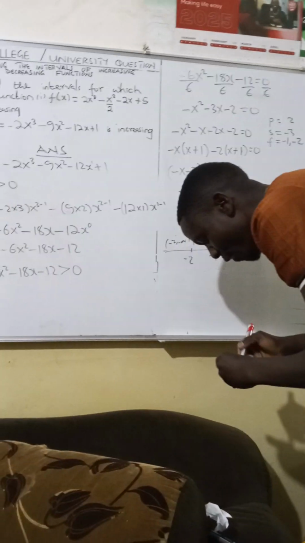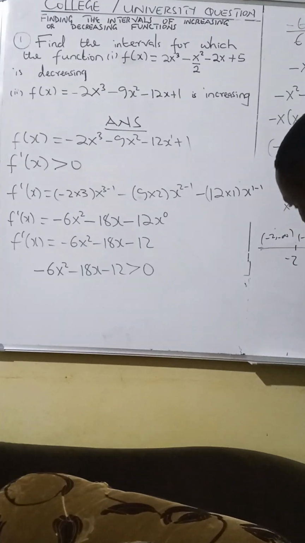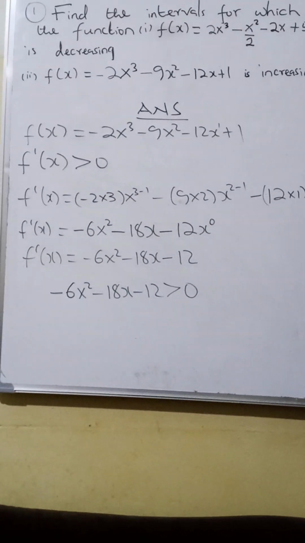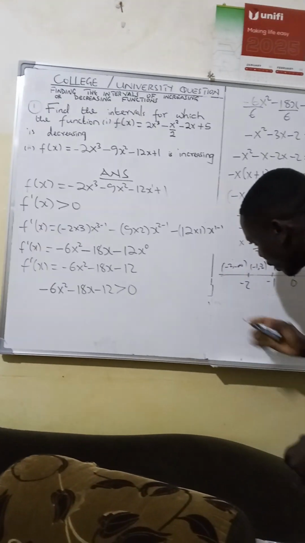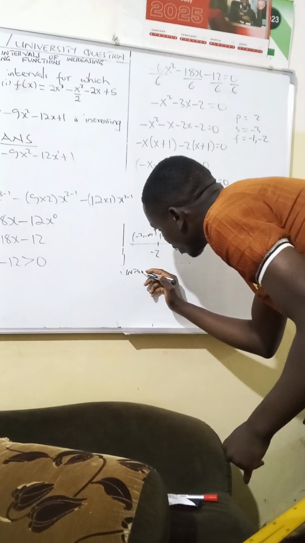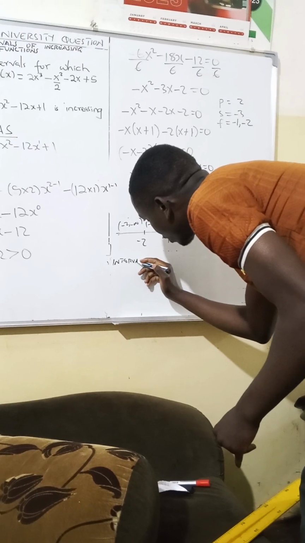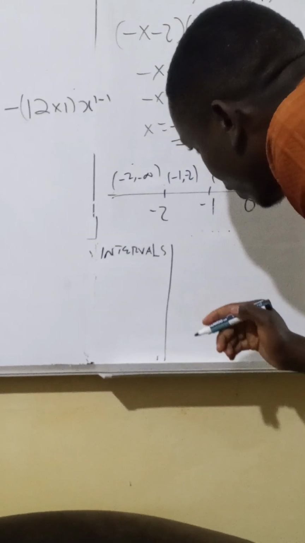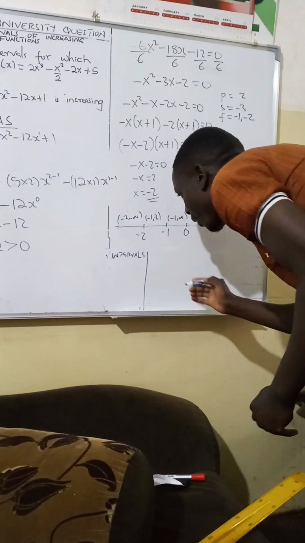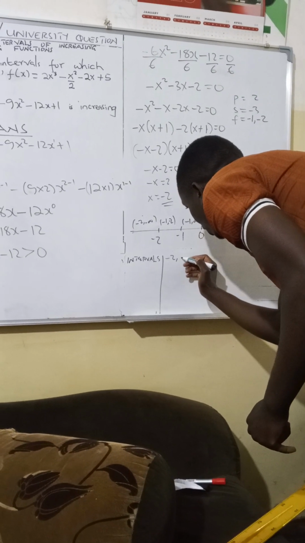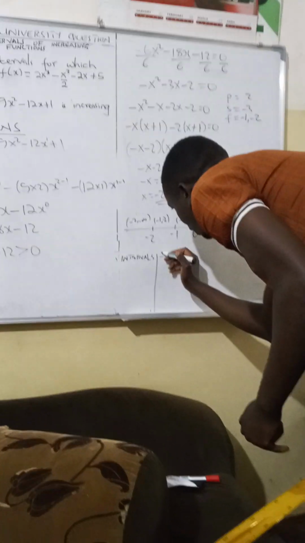So here I can have the intervals. The intervals, I have negative 2 to negative infinity.